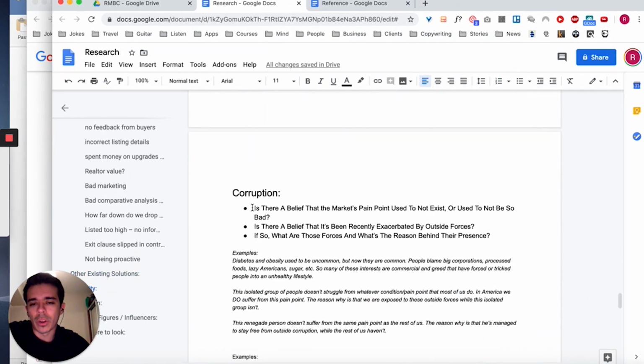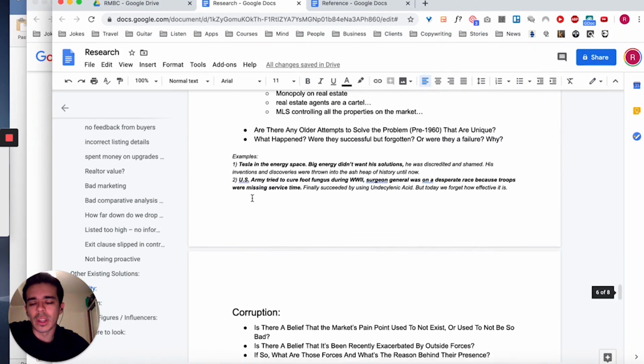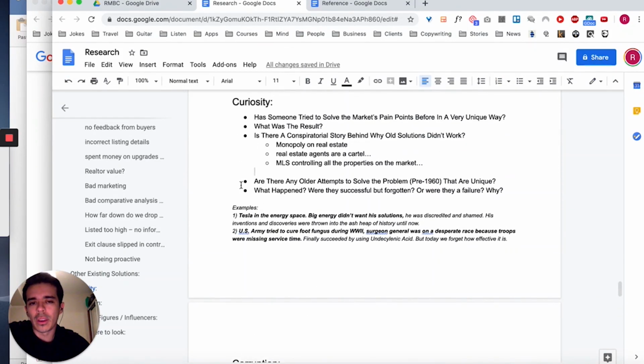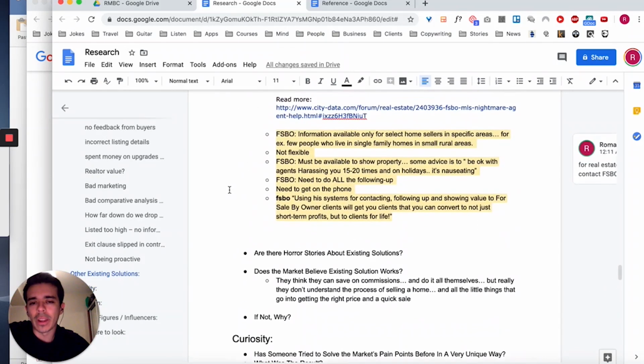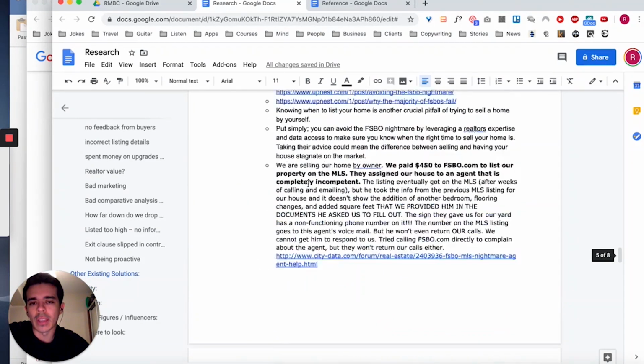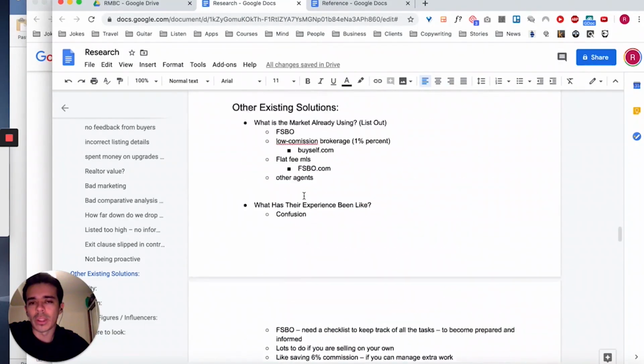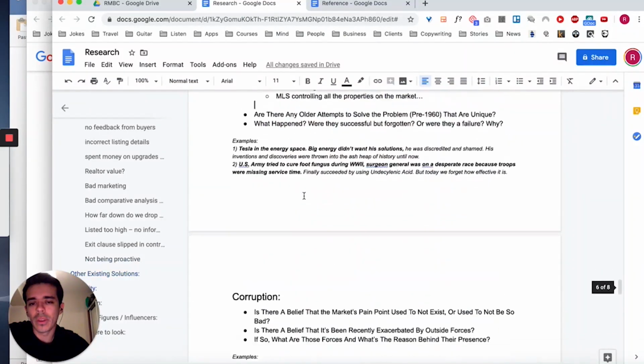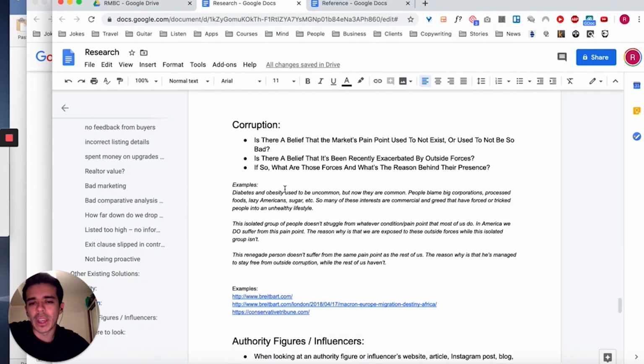And I think the same goes for corruption. These two sections here are not as powerful, I think, as these sections are in the real estate game. Because corruption in this case, for example, you know, processed foods, lazy American sugar, and all these huge villains.